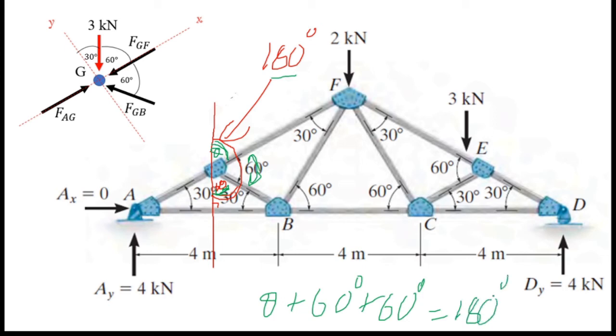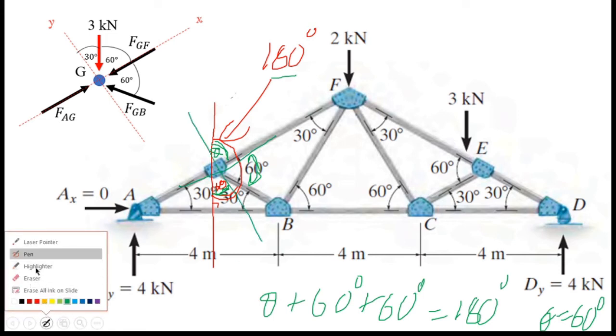So if I simplify this, I can get theta equals 60. I hope you got the idea. So that's how I got this 60 degree angle for this angle. And I'm going to consider this plane and this plane. So I will erase all the writings.